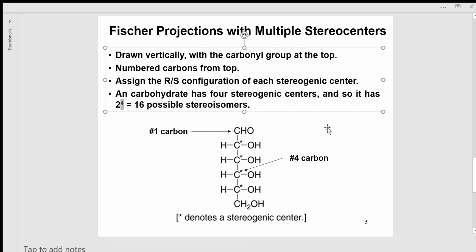So again, the maximum stereoisomers from 4 stereogenic centers in a carbohydrate is 16. So we can decide each carbon's identity, either R or S.